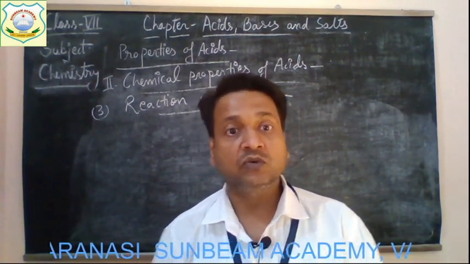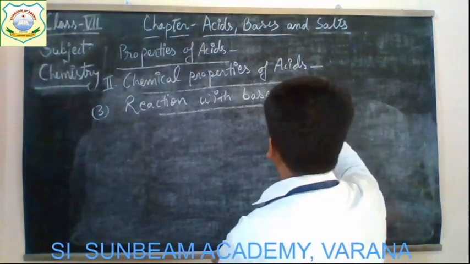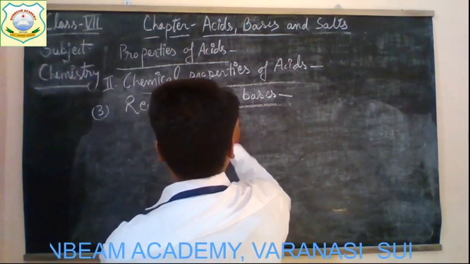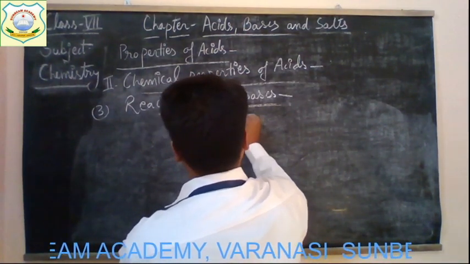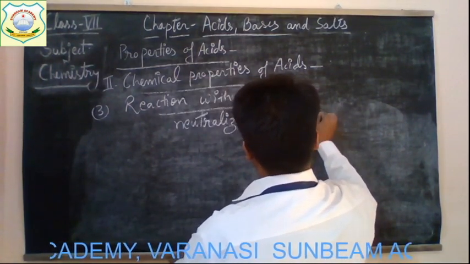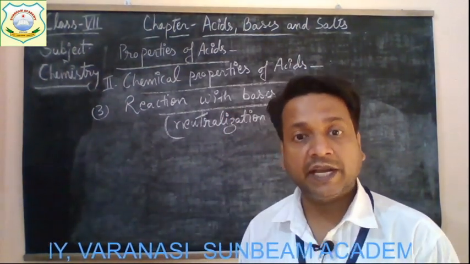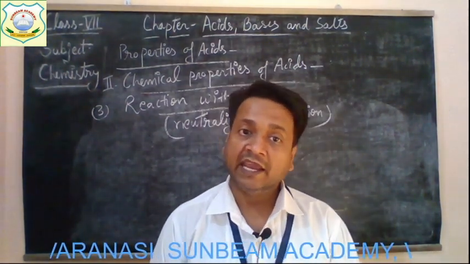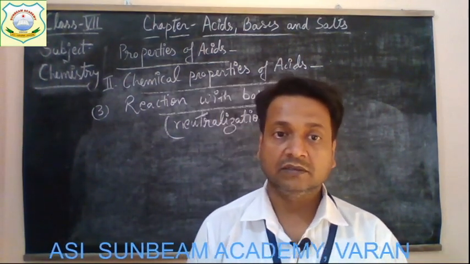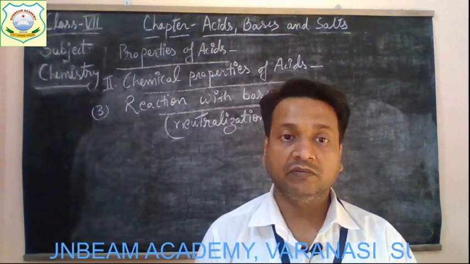Understood, children? So what are these kinds of reactions known as? Neutralization reaction. Children must remember such reactions in which an acid reacts with a base to form salt and water. Along with it, heat will also evolve.